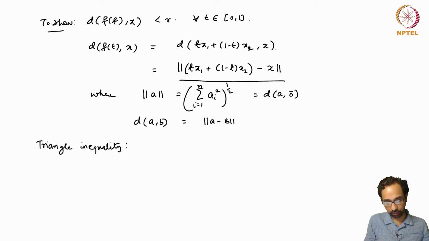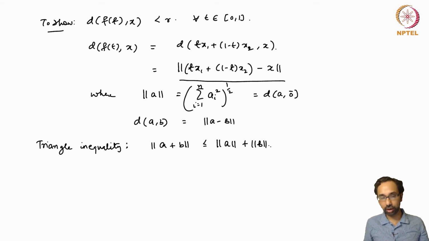The triangle inequality for the norm said that if you have 2 points a and b, then the Euclidean norm of a plus b is less than or equal to the Euclidean norm of a plus the Euclidean norm of b.